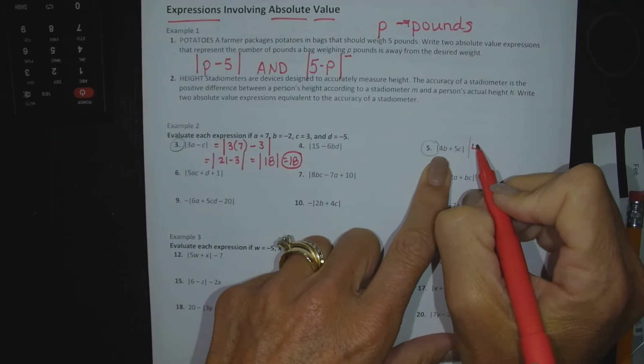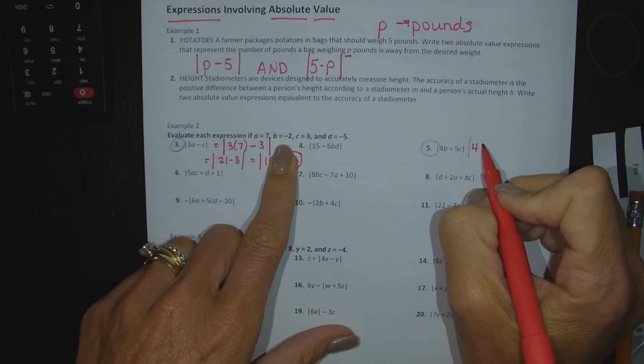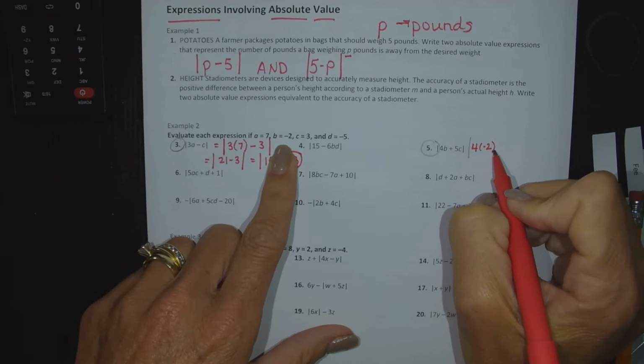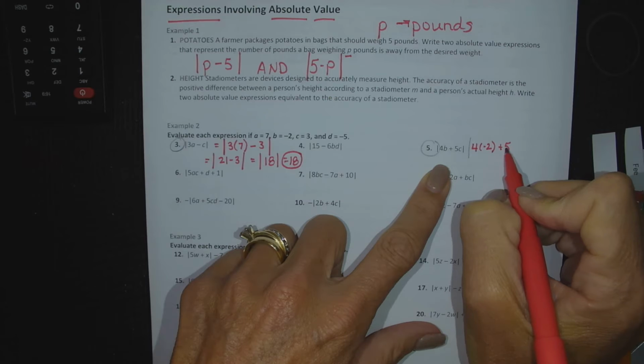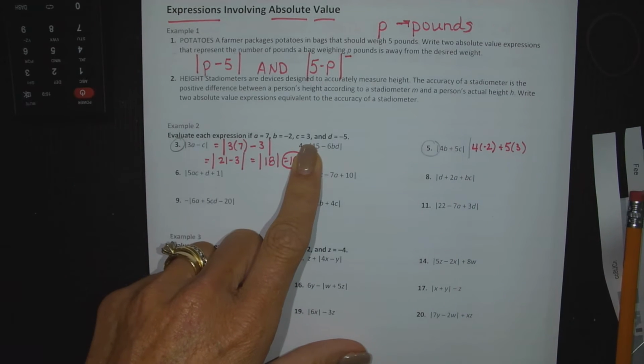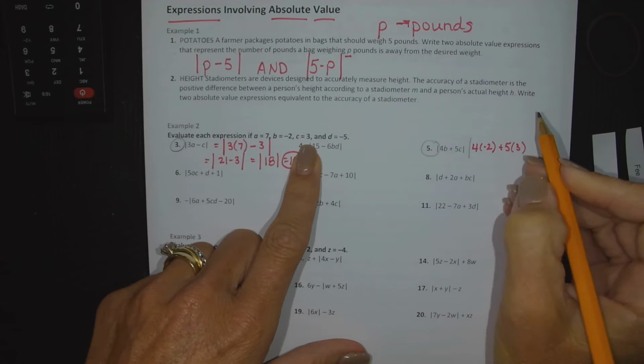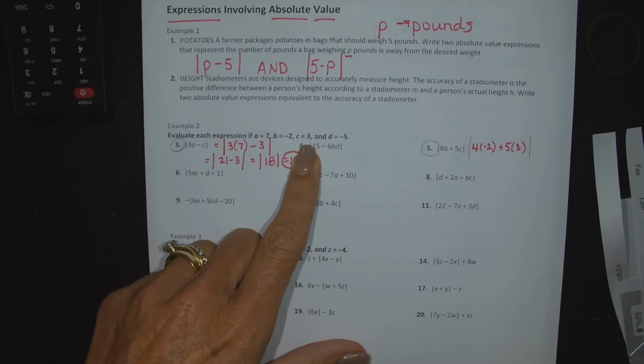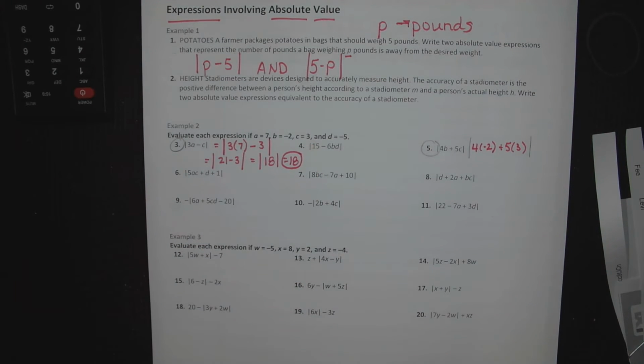I'm going to make sure my absolute value is obvious. 4 times -2 plus 5 times 3. Wait. Why are you saying wait? Okay. All right, so finish number 5.